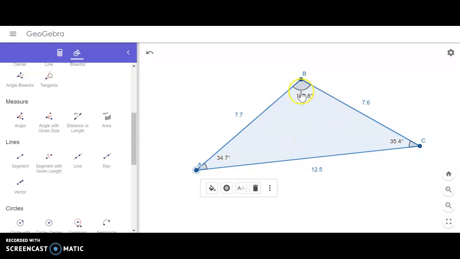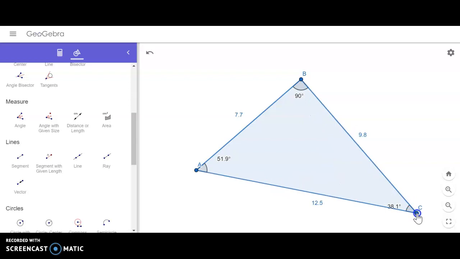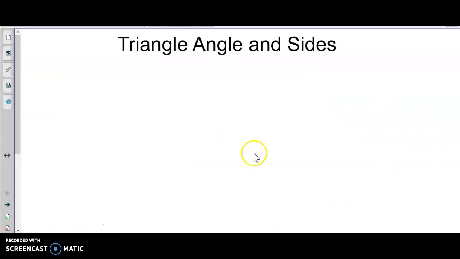The opposite side of the largest angle is the largest side. It seems pretty intuitive, but it's a big idea, especially later on in trigonometry. The side opposite of the largest angle is the largest side, the side opposite of the smallest angle is the smallest side, and the side opposite of the medium angle is the medium side.